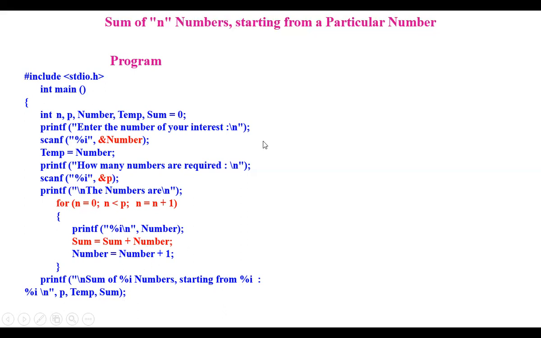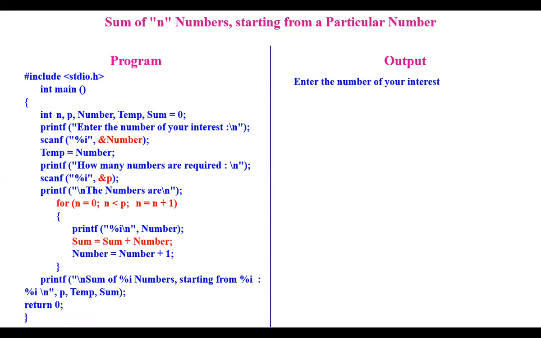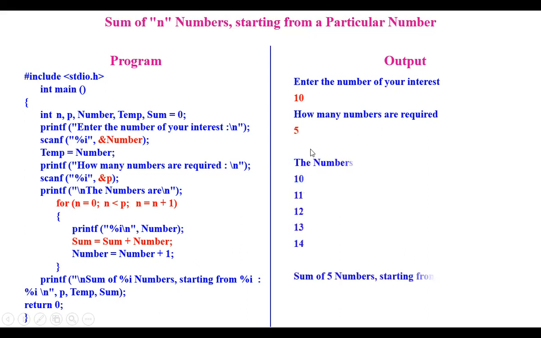So let us compile this and execute. Enter a number of your interest. You entered 10. What happens? How many numbers are required? How many do you want to add? Some 5. So the numbers here are 10, 11, 12, 13, 14. Five numbers, you got it, right? These are the 5 numbers.